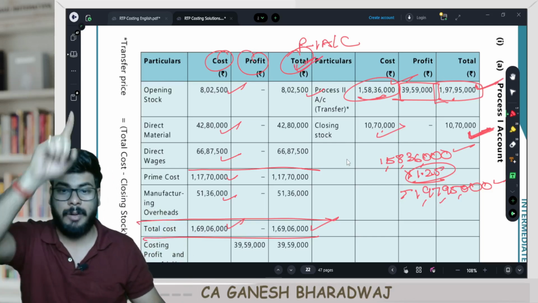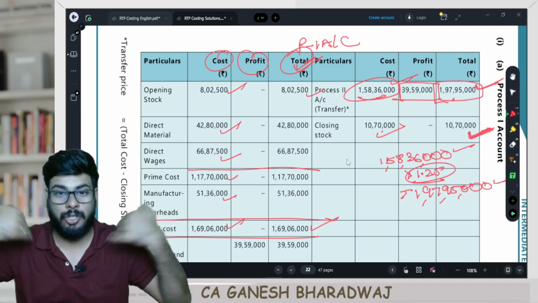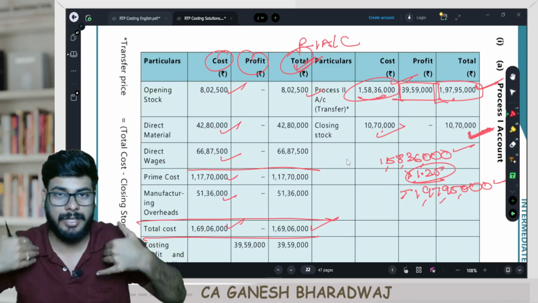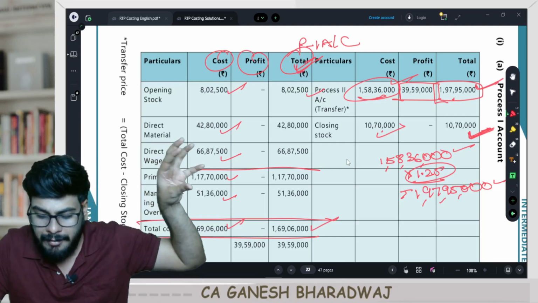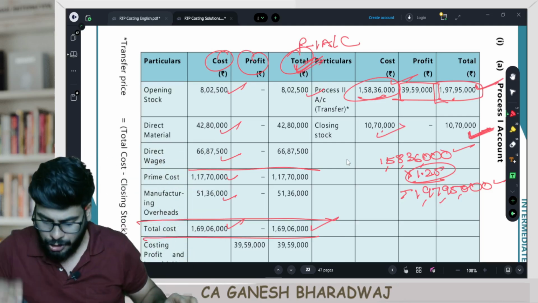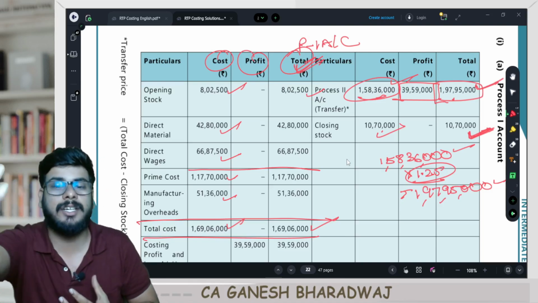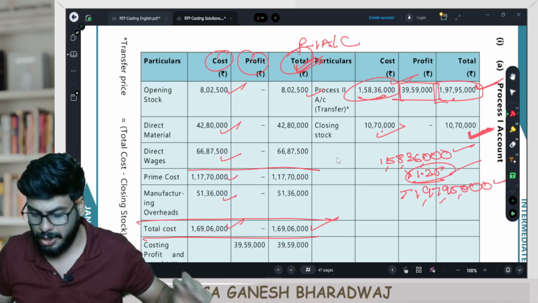This total column first needs to be balanced. Why? Because this total column is the cost column of the particular process. From the point of view of the process, it only will be having the total column, right? So you take the total and you calculate the value of goods that is getting transferred to the next process. On that, you calculate the 25%. Are you clear with this, guys?